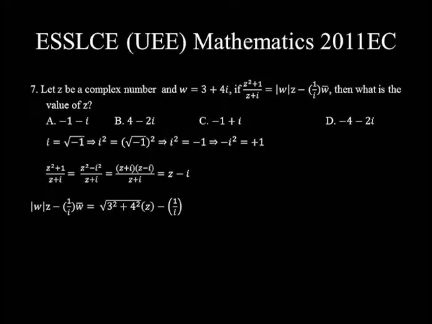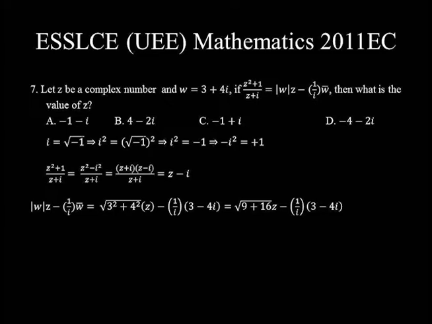The imaginary part is 4i, the sign in front of 4i is positive, so the conjugate of w is 3 minus 4i. This is equal to the square root of 3 squared is 9 plus 4 squared is 16, times z minus 1 over i times 3 minus 4i.